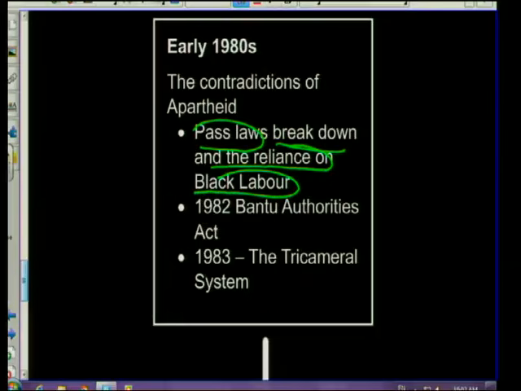Secondly, we look at the 1982 Bantu Authorities Act, and lastly, very important, the 1983 tricameral system that the apartheid government instituted to kind of bring reforms, but in fact brought about more resistance.